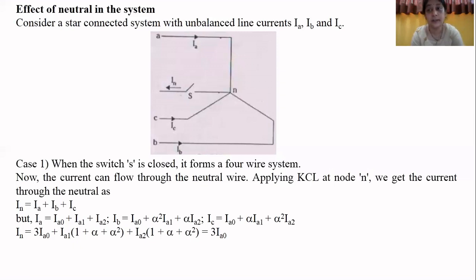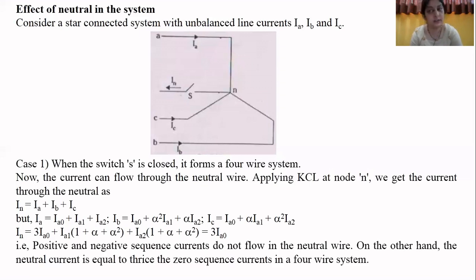What does it mean? It simply means that in the neutral line, the positive sequence component and the negative sequence component of current do not flow. Only the zero sequence component of current flows, and it is thrice the value that flows in the line IN, which is connecting the neutral to the ground.